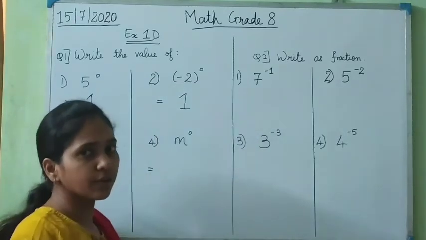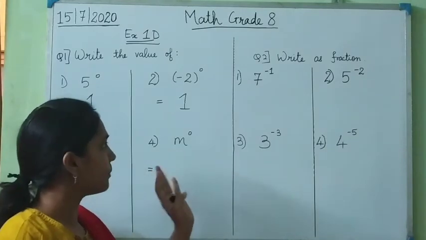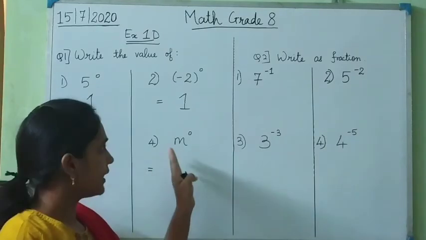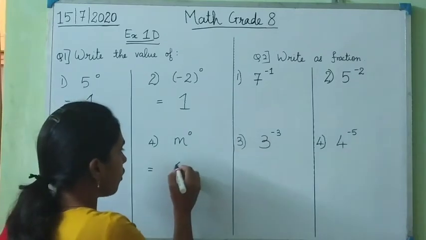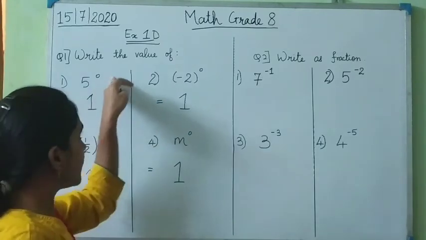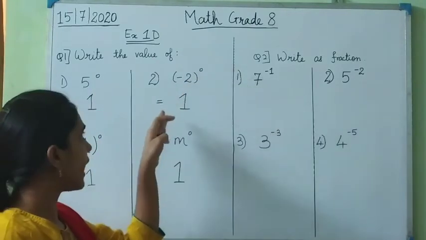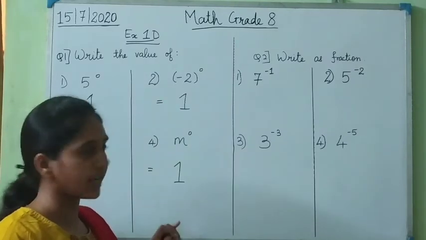And m is also some number. If we put any value of m, then it becomes a number, right? So this number raised to 0 is also 1. Okay, so if any number is raised to the power 0, then the answer is always 1. This is according to the third law of indices.